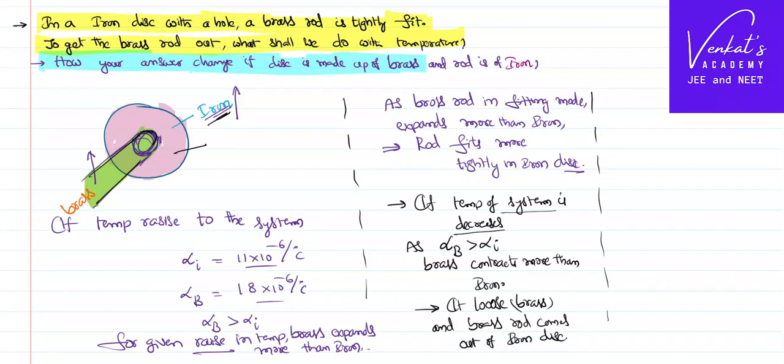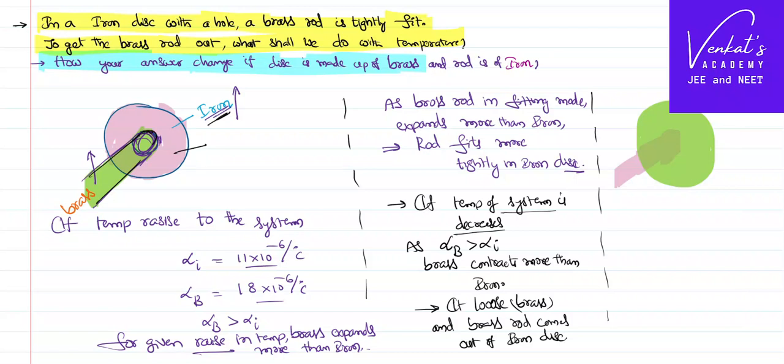So let me draw a diagram for that. The disc is now brass, but the rod is made up of iron. Exactly reverse to the earlier case.